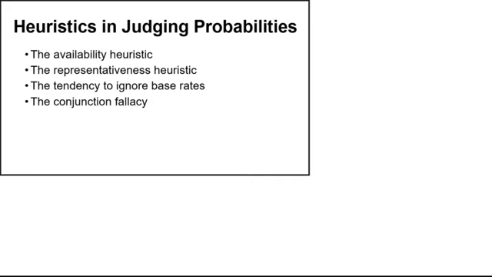We also have this representative heuristic, and this is when we base the estimated probability of an event on how similar that event is to some kind of prototype of the event. This is kind of a weird one, and it's a very wordy way of saying it, but typically it's situations where they have an individual and they say, out of 100 people, what are the odds that this person fits this particular role?